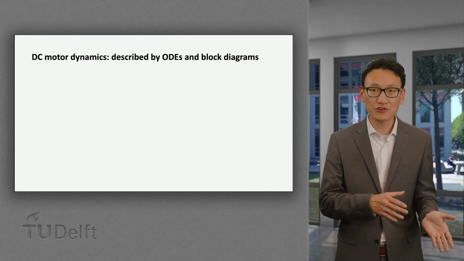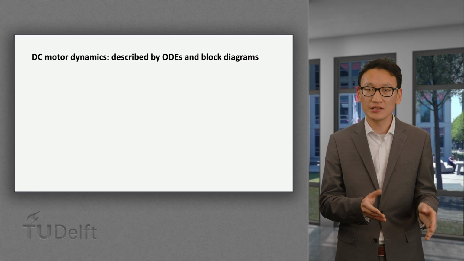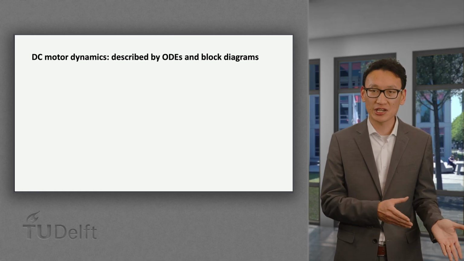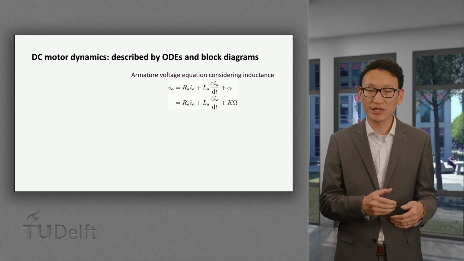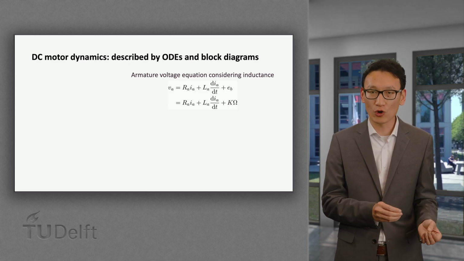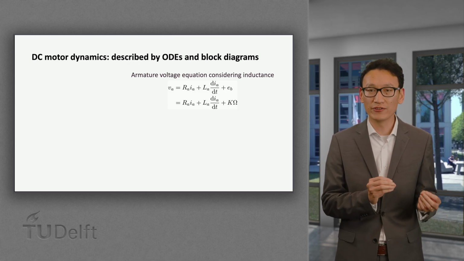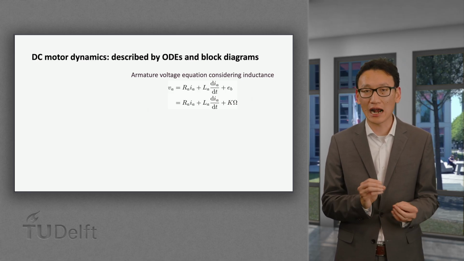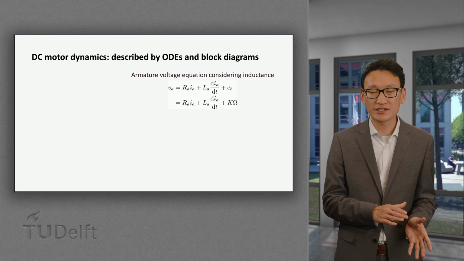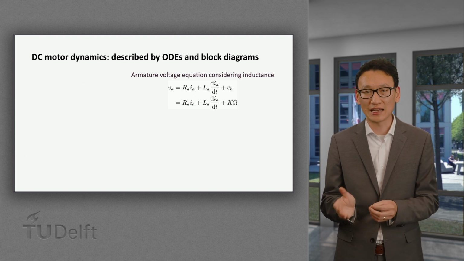To consider the electrical dynamics of the DC machine, the inductance L_A in the armature circuit has to be considered. The voltage equation should be modified from the steady-state model by adding the term L_A times the time derivative of the armature current. This voltage equation describes electrical dynamics.